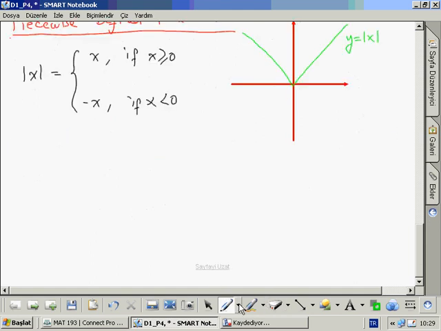And another piecewise function, the Heaviside function, or we can call it the unit step function.